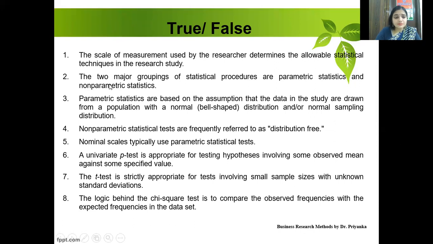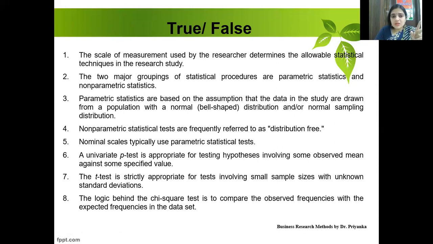So it is true. Third is, parametric statistics are based on the assumption that the data in the study are drawn from a population with a normal distribution or normal sampling distribution. Yes, when we talk about parametric statistics, this is one of the assumptions we go for. Your data should be distributed normally, in a normal bell shape.